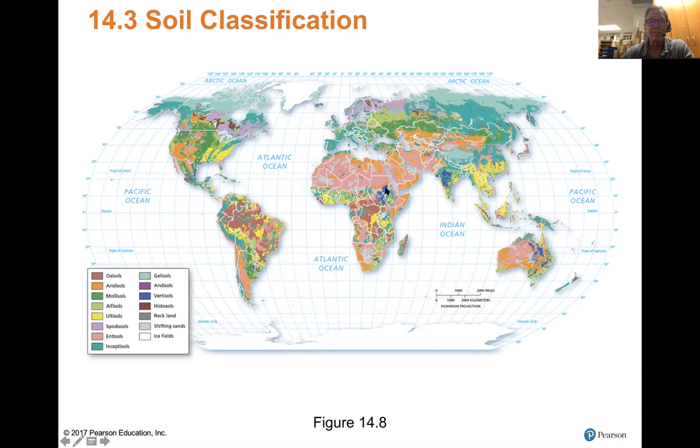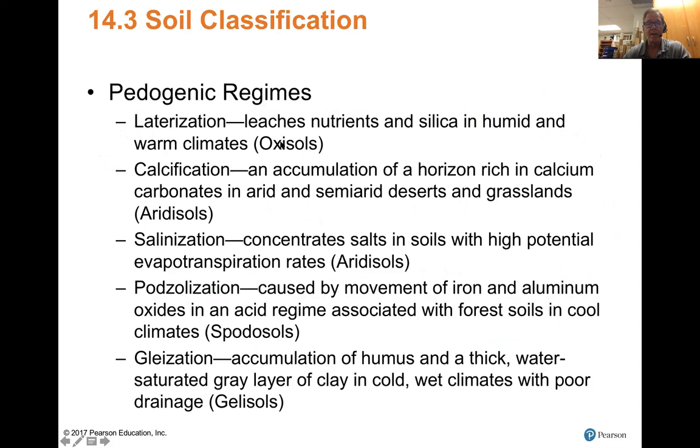Notice over here, in our desert areas, we have what we call the Entisols. In rainforests, we have Oxisols. Okay, so all these different types, and we'll go through them kind of quickly here.